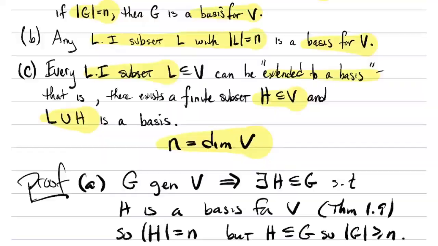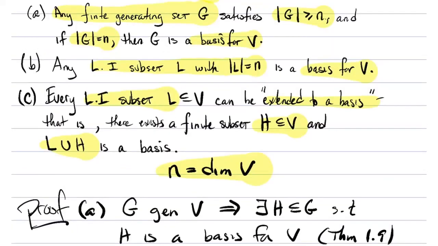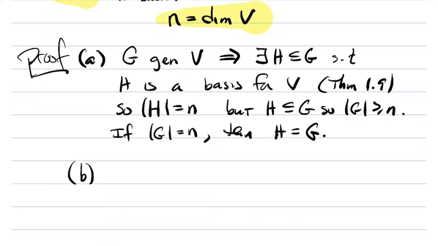How do we prove part B? Let's remind ourselves what it is. You have a linearly independent subset L with dimension of V elements. We have to show it's a basis, so we have to show it spans. Well, let's use the replacement theorem. L has n elements and is linearly independent.